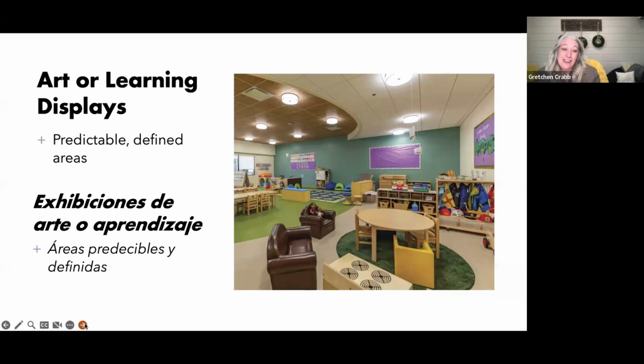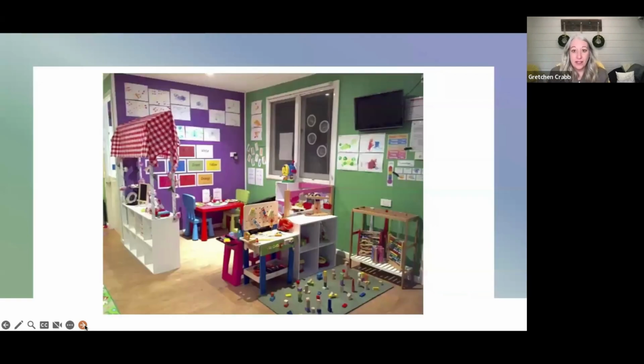Art displays and learning. We, of course, want to see all of the beautiful artwork that the children make. And I think it's really important to think about, number one, what's most important for the children to see. Number two, what is important for you to be seen, and what you would like the parents to see, right? And so when we do that, thinking about definable, predictable areas where the art can be is really helpful.